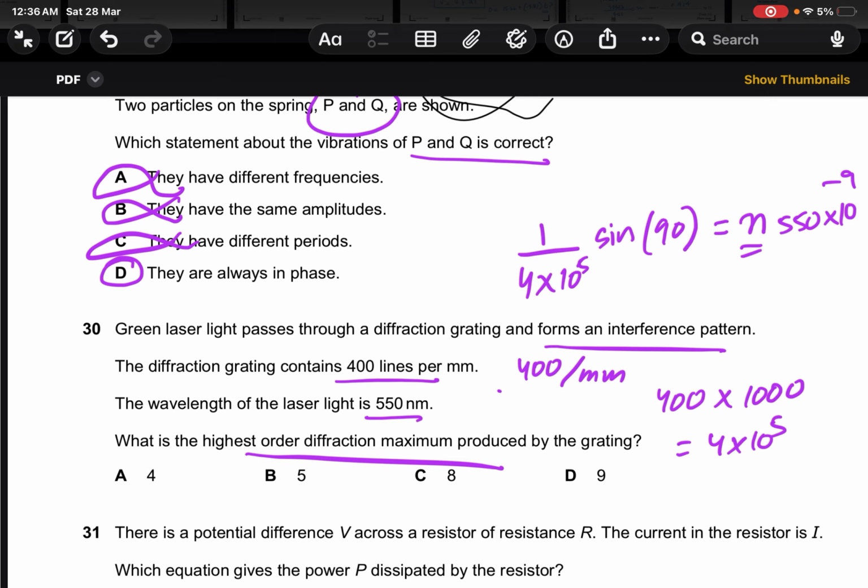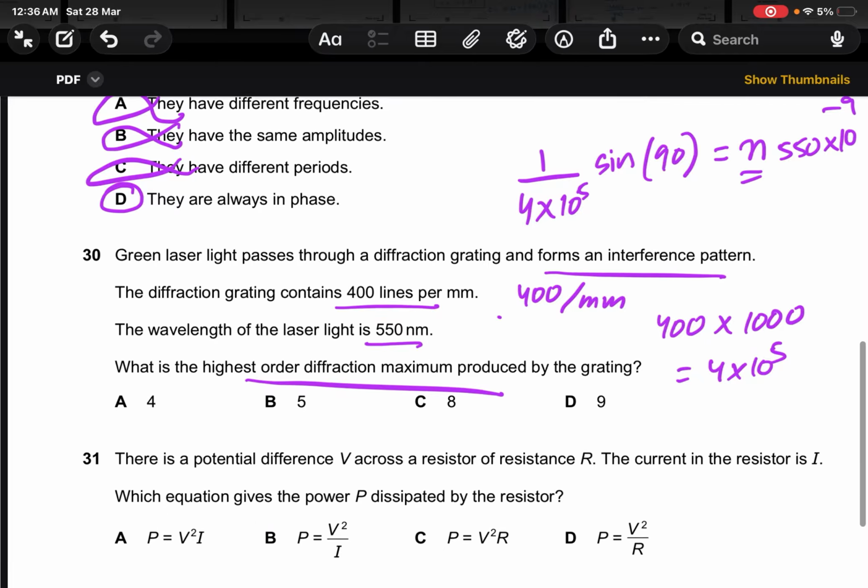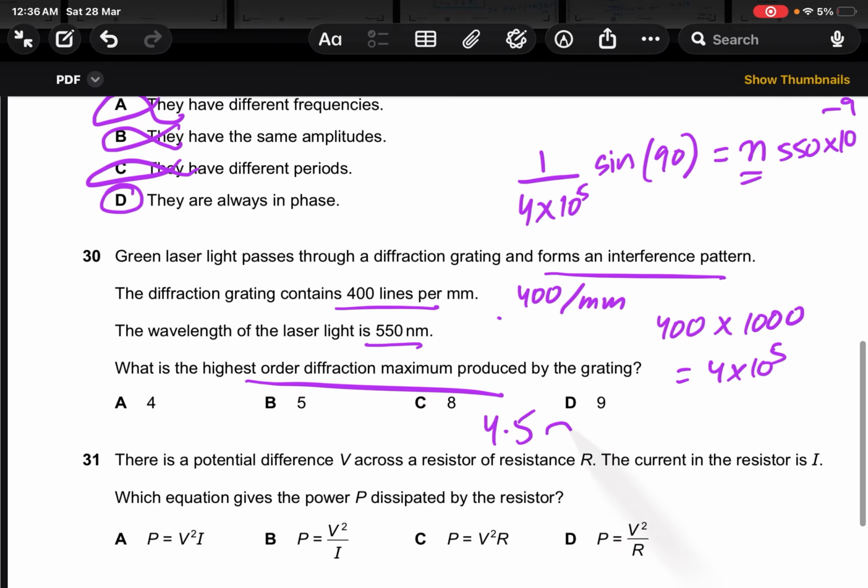And then you divide this entire thing by 550 into 10 raised to power negative 9. What do you get? You get 4.5, but you round it down to 4, so the highest order is going to be 4, right?